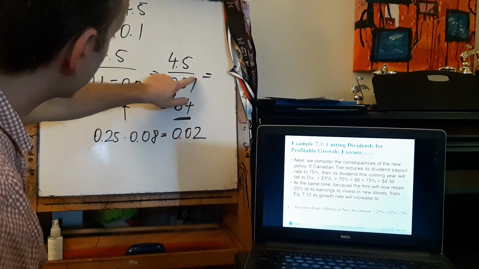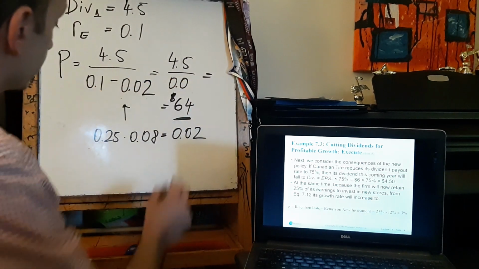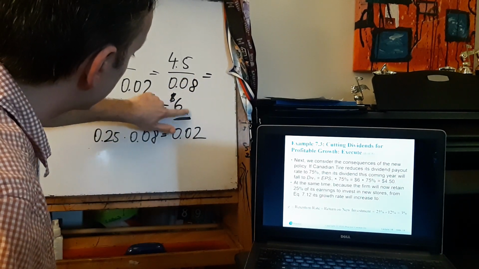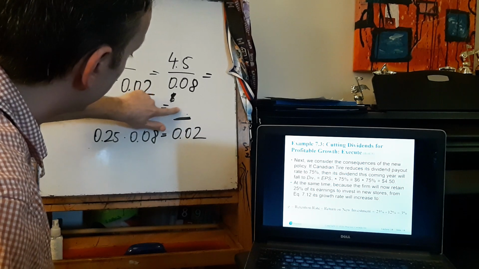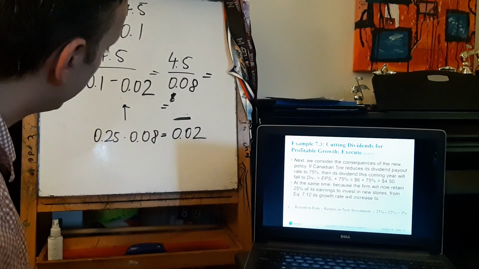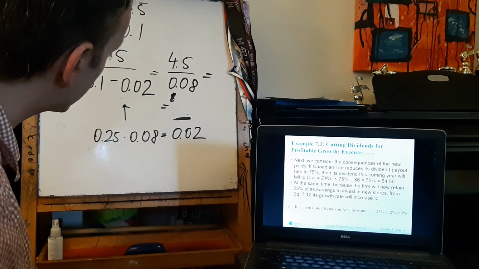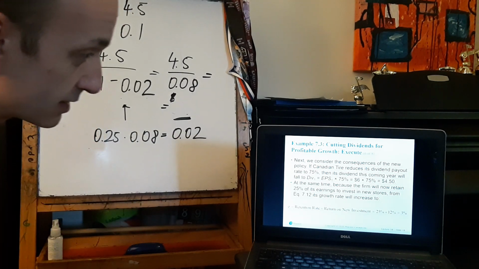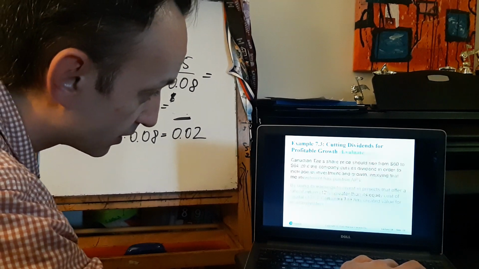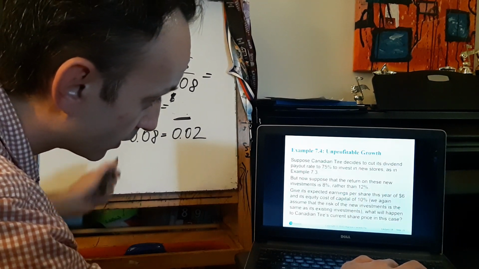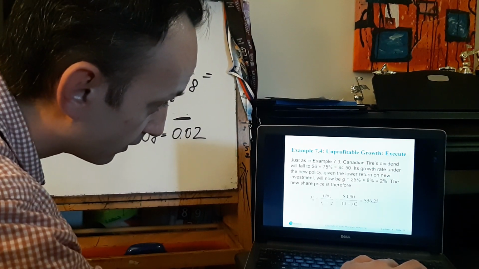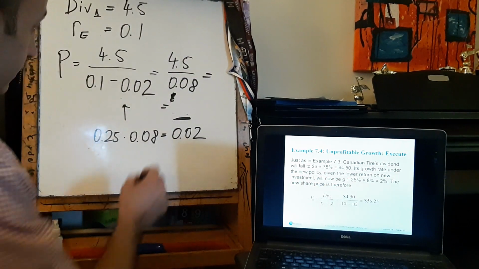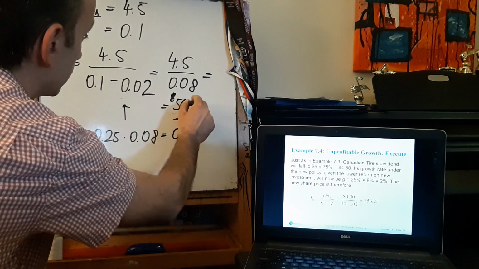And then this is going to be 0.08. And then we know that this is not going to be 64 anymore. And if we actually calculate it, it should be less than 60. And I think the actual scenario here with the numbers is 56.25.